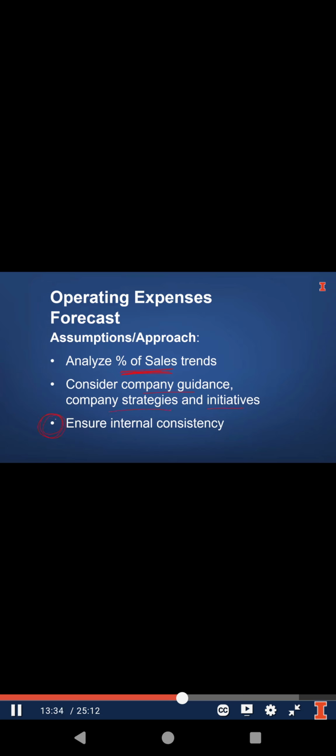This last point is critically important, is that we have to ensure that there's internal consistency. And so what I mean by that, if we're going to assume that net sales are going to increase, well, there has to be a driver or a reason for that net sales increase, right? It just doesn't happen automatically, right? And so what's going to enable or drive that net sales increase? Well, usually it's an investment in advertising.